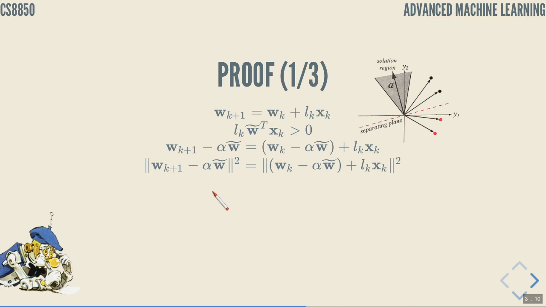And then if we square both sides, nothing will change either. It's just the length of this vector versus the length of that vector.